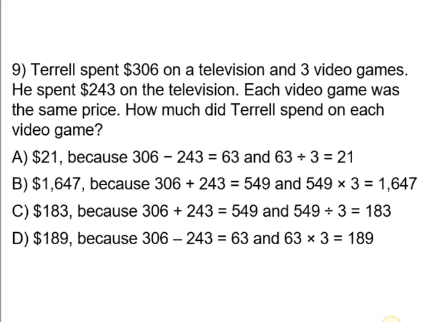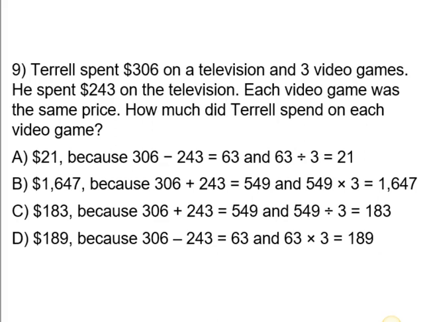C, 183, because 306 plus 243 is equal to 449, and 549 divided by 3 is equal to 183. D, 189, because 306 minus 243 is equal to 63, and 63 times 3 is equal to 189.